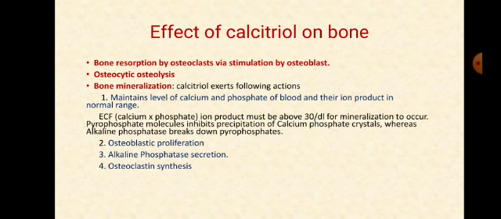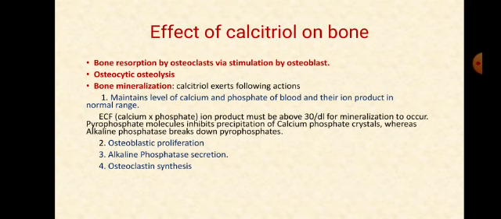The calcium phosphate ionic product, that is calcium times phosphate in the blood, must be above 30 per dl for the precipitation to occur, and this high level is only possible under the influence of vitamin D3 as it increases absorption of both calcium and phosphate from the gut.